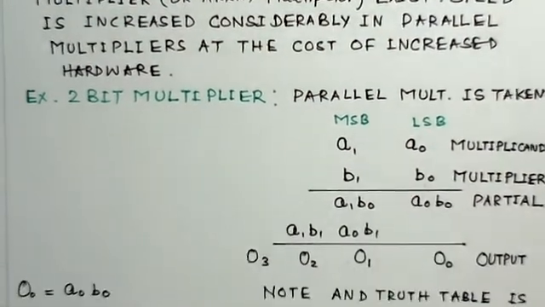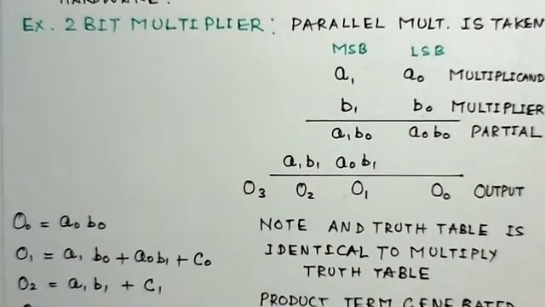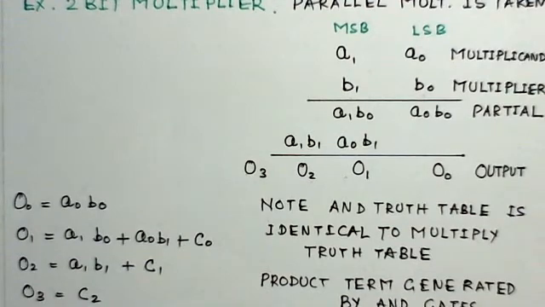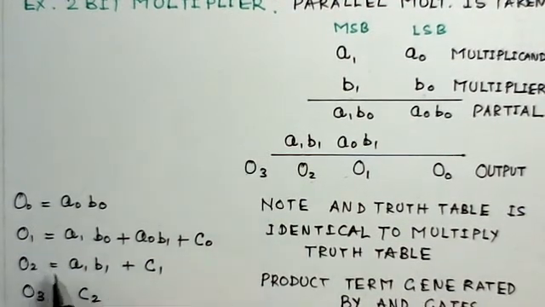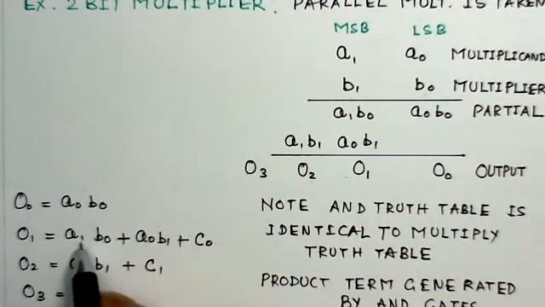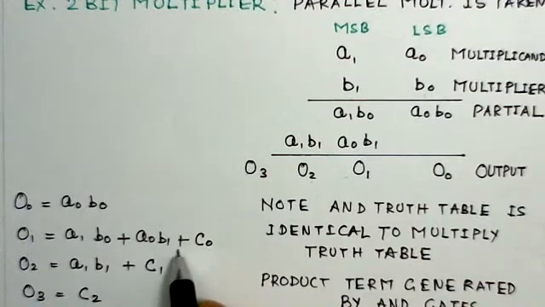What we observe in this multiplier is that O0 is A0 B0, O1 is A1 B0 plus A0 B1, and C0 is the carry generated by the previous bit. Similarly, this is the carry of the previous bit, and this is the carry of the previous bit.